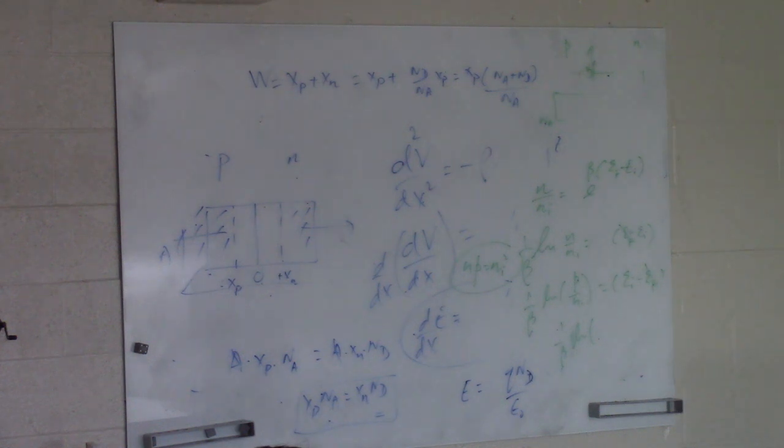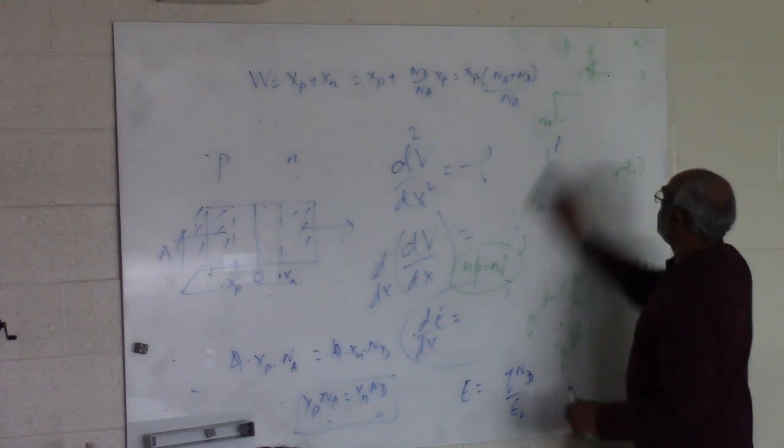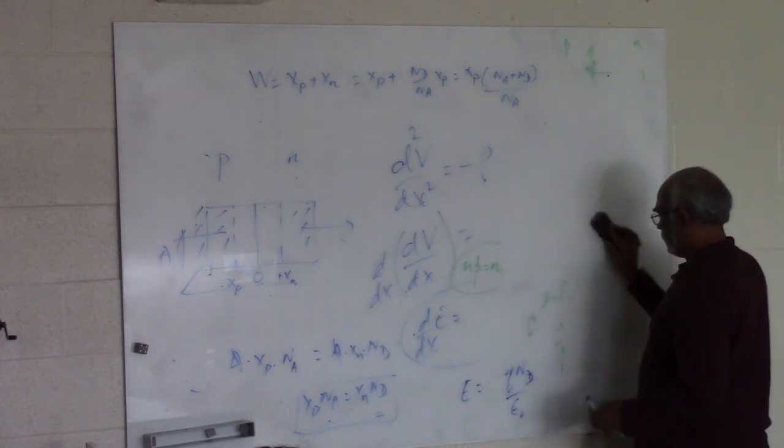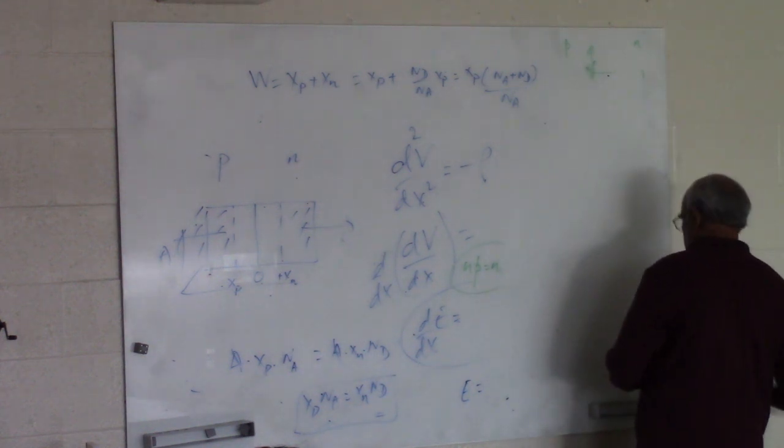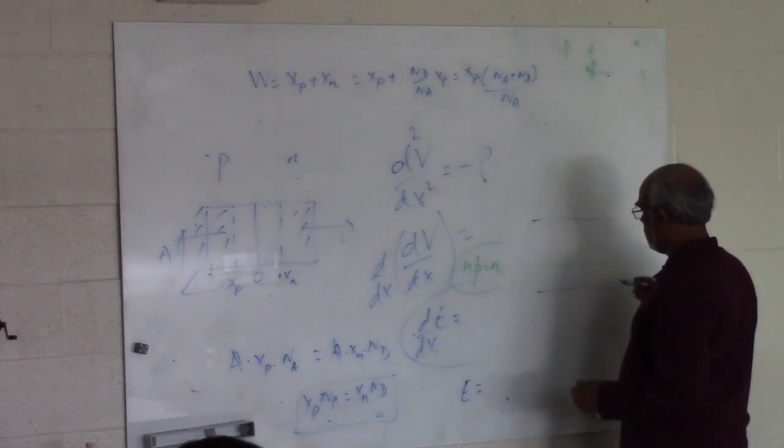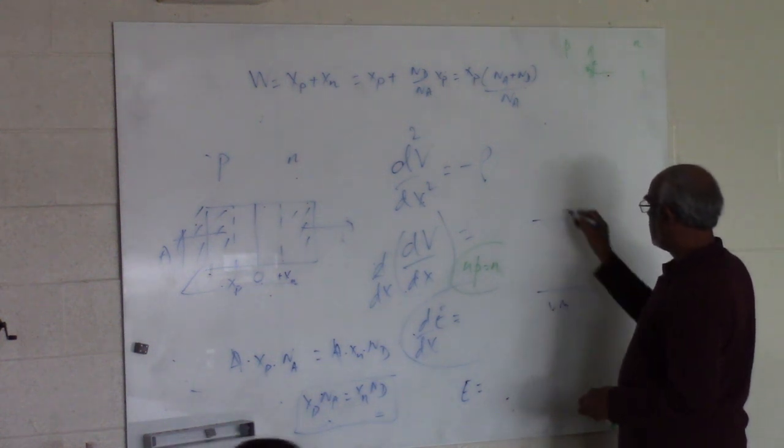Electrons will move from, so forget about any donors and acceptors, just think about simple band-to-band conversion. You have the valence band and the conduction band.